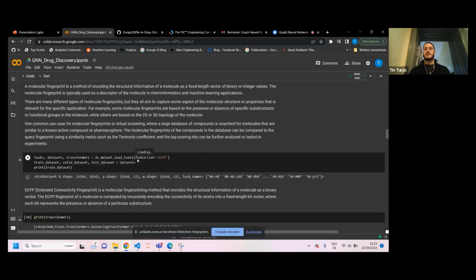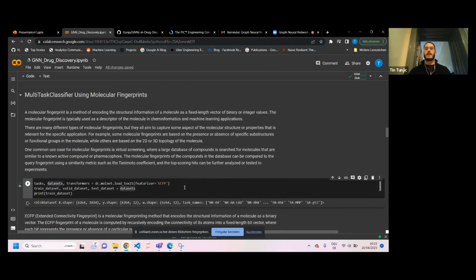Also, one of the nice important things that this DeepChem library comes with is this loader, and then you can see this featurizer. This featurizer is nothing else but it already obtains the embeddings needed for us to feed the multitask classification. In this case, this is ECFP.